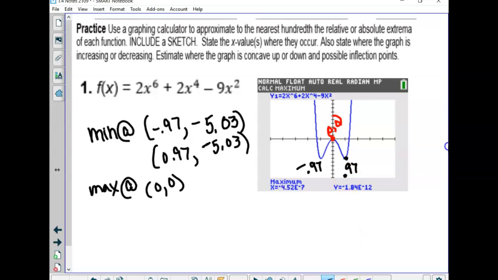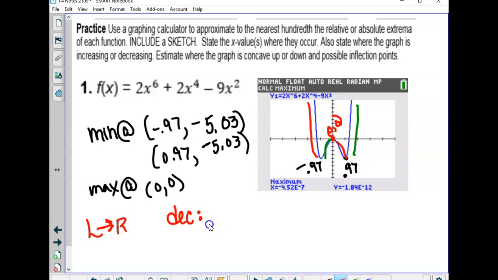How about increasing and decreasing next? As I trace the graph left to right, remember that's the important thing for increasing and decreasing. As we go left to right, it's first going what? Decreasing, then increasing, then decreasing, then back to increasing. Okay. So who wants to tell me the intervals where it is decreasing?